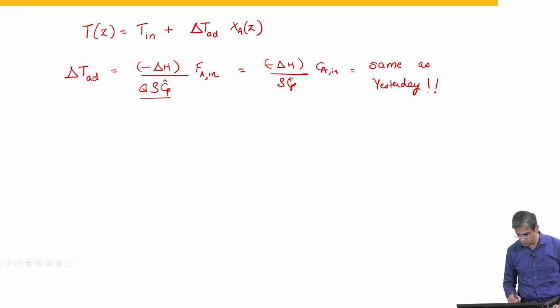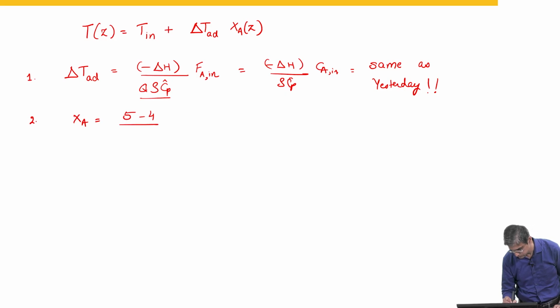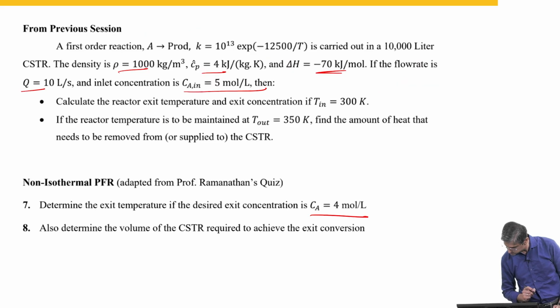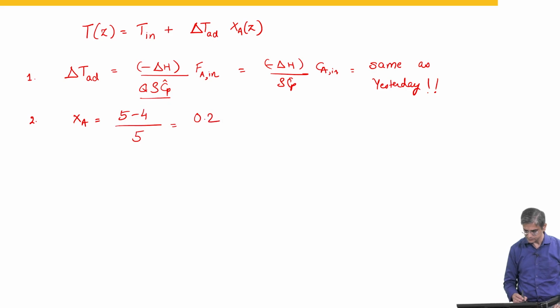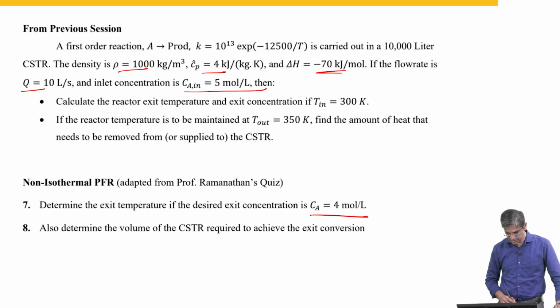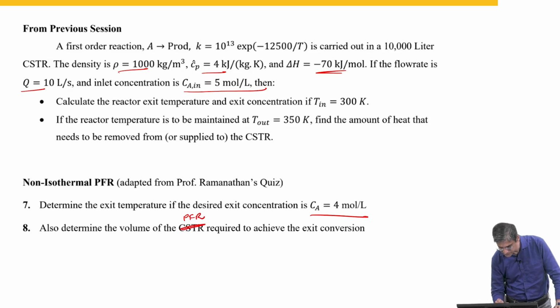Okay. So, if you have delta T adiabatic, you can put in conversion. Exit. Yeah. Right. Volume of PFR. Okay.